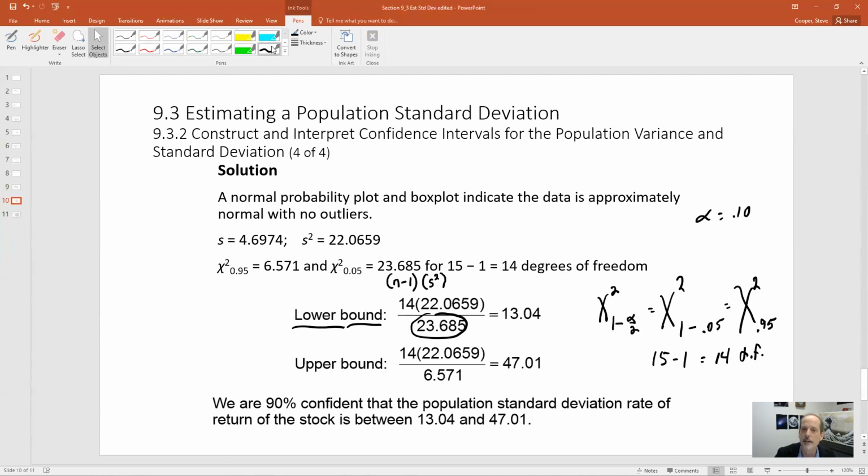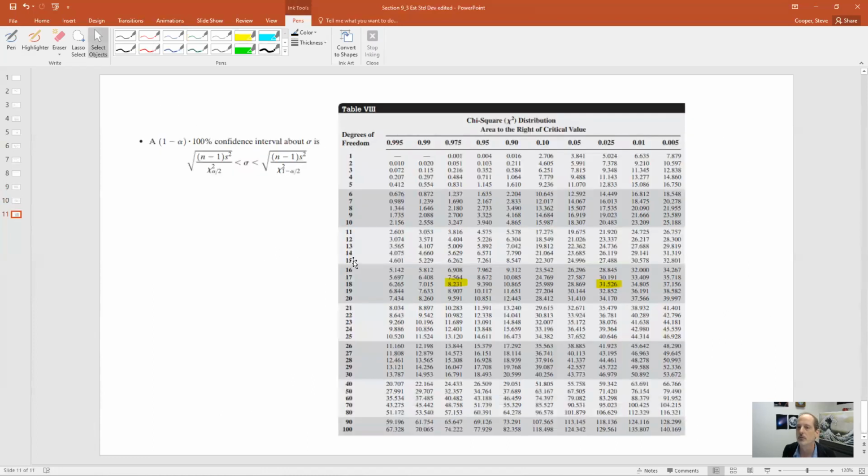Okay, so that's where they got this. And then for the upper bound, we're going to use chi-square of 0.05 with 14 degrees of freedom. Here's 0.05 with 14, 23.685.